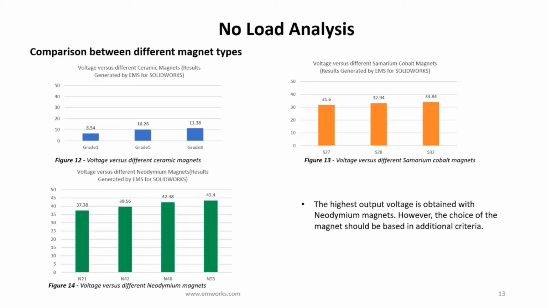But this is not sufficient to select the right permanent magnet, because this choice should also depend on other criteria like the operating temperature of the magnet and its corrosion resistance. The cost and the mass are also 2 important factors. The generator speed can be involved, and we will see in the next slide the reason.